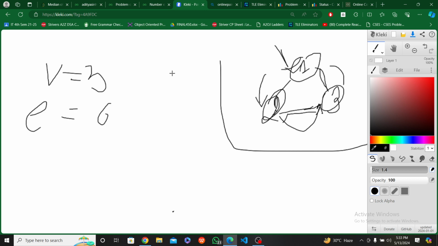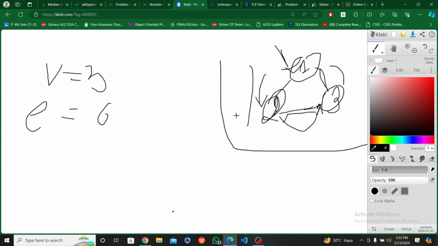Okay, so can we say this is my complete graph, because 1 is connected to 2, 2 is connected to 3, 3 is connected to 2. Okay, this is my complete graph, can we say?